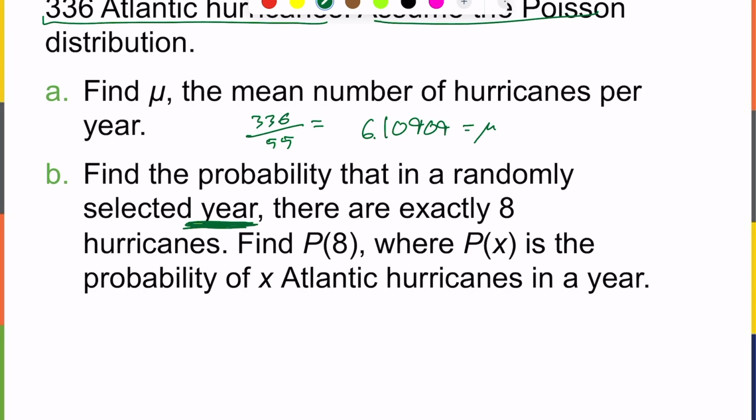The number of hurricanes is the number, and a hurricane occurring is the event. So we're going to use the Poisson probability distribution to count the number of times a hurricane occurred within that interval, 1 year. Okay, find P of 8, right? That's exactly eight hurricanes, where P is the probability of X Atlantic hurricanes in a year.